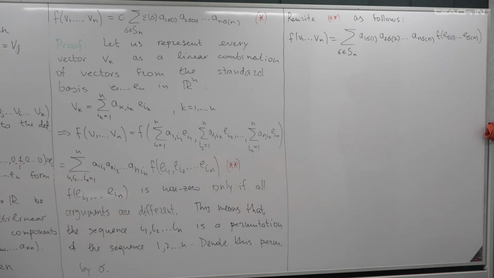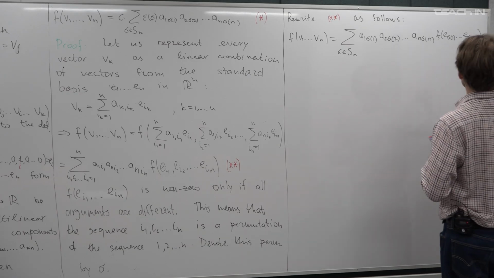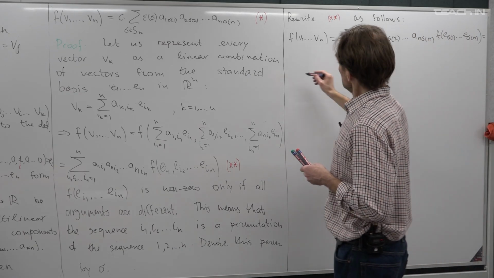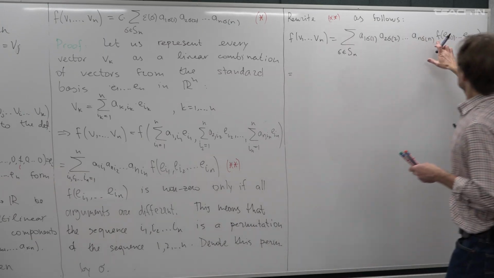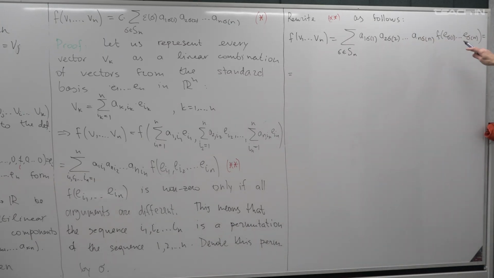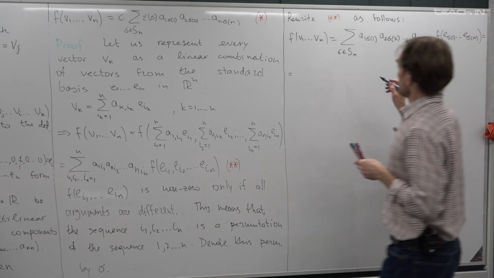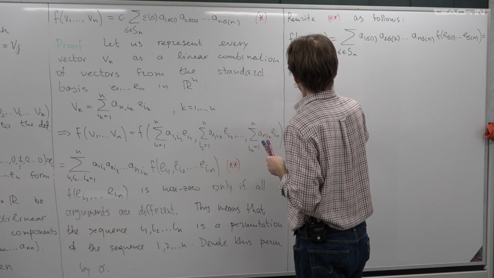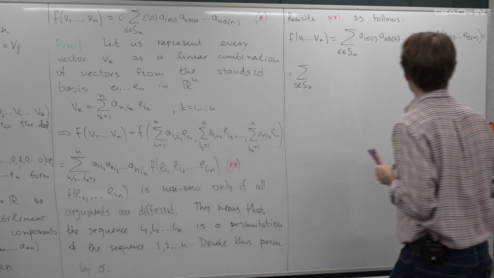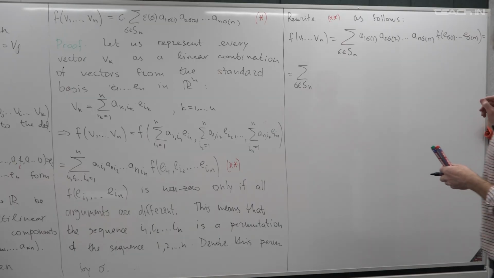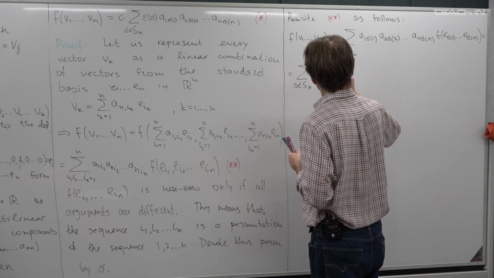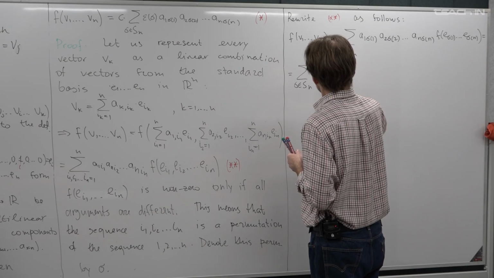Okay, and now we're going to use the fact that our function is skew-symmetric. That's why its value on this set of arguments can be rewritten as the value on the standard ordered set of arguments, using the sign of a permutation.